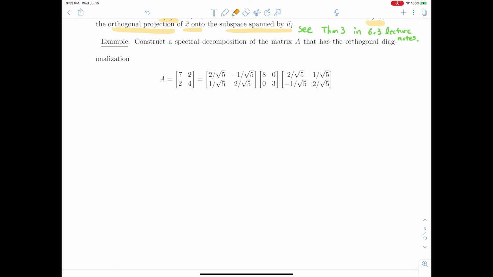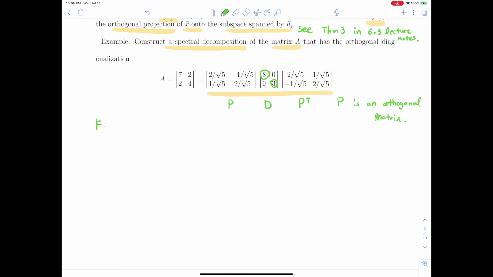So let us construct a spectral decomposition of a matrix A, where the orthogonal diagonalization is given by this. So we have P, D, P transpose, such that P is an orthogonal matrix. So we have two eigenvalues, 8 and 3.